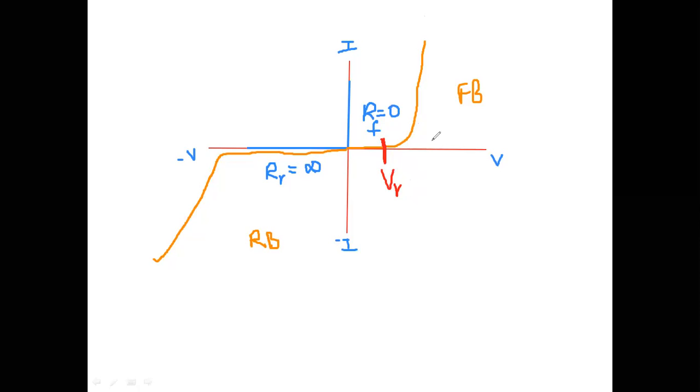After V gamma, I will get high currents. So this V gamma is called the cut-in voltage of a diode.